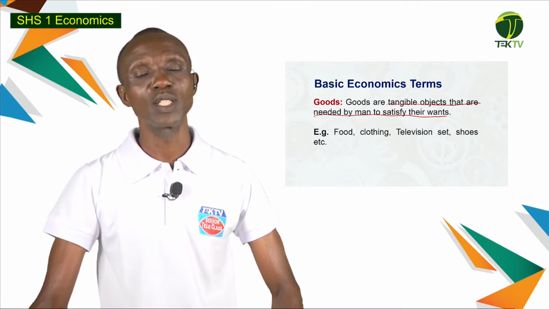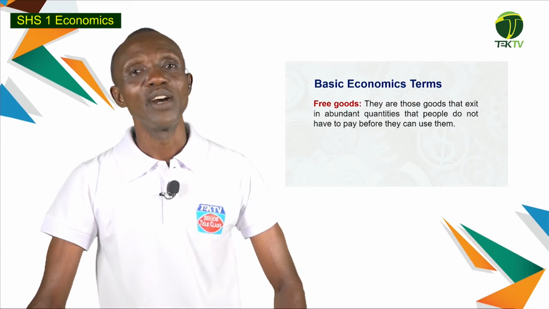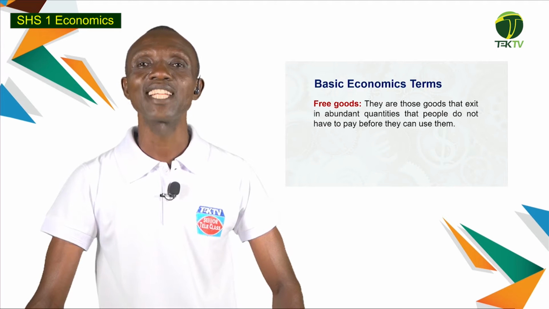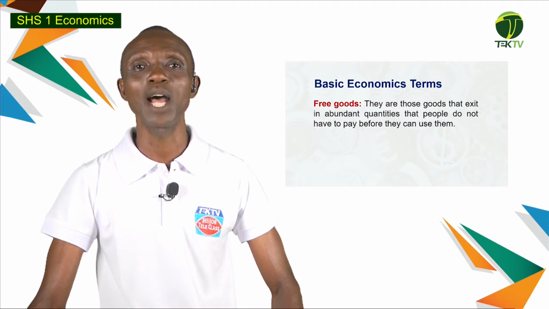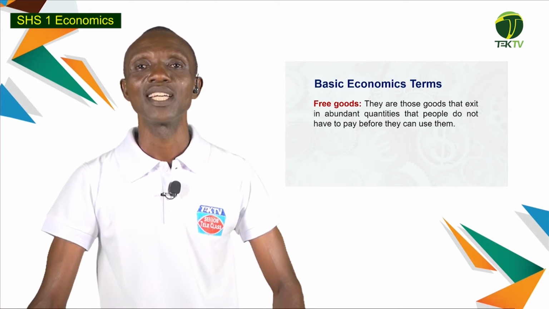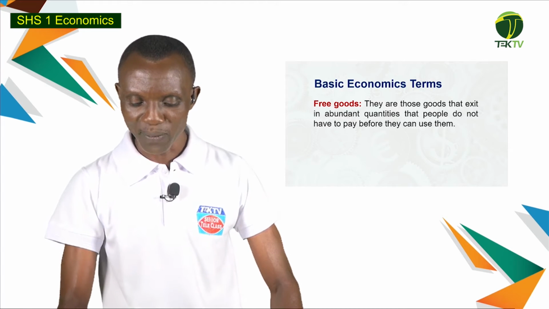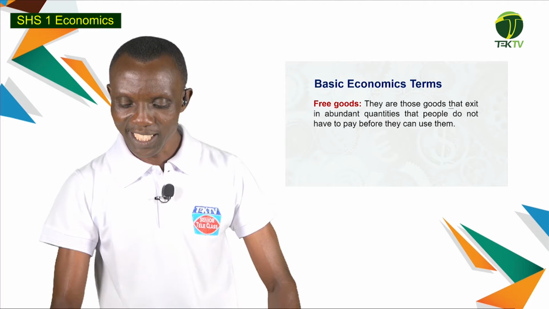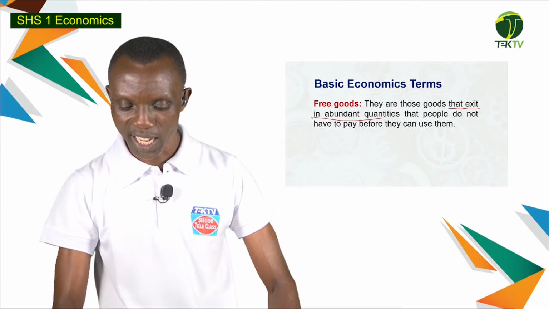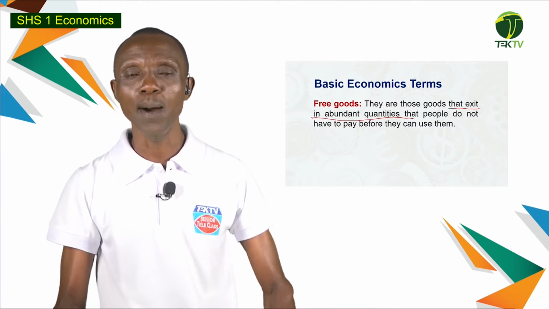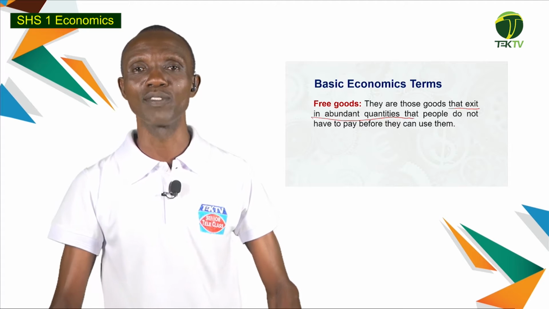So we could explain free goods, and these are those goods that exist in abundant quantities that people do not have to pay before they can use them. Now, we are saying that for free goods, they exist in abundant quantities. They are more than how much is needed of them.